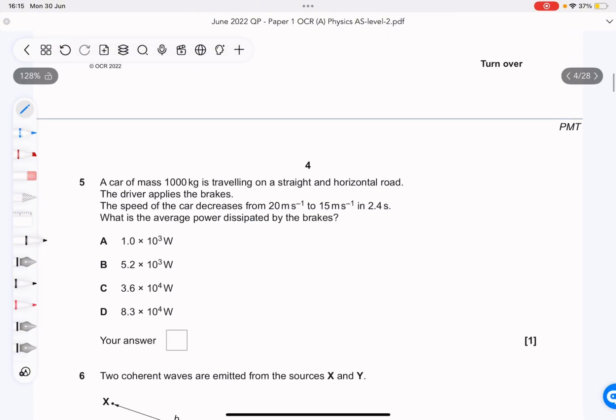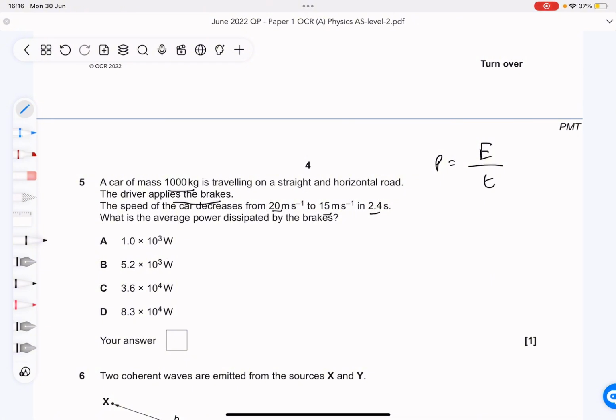Right, question 5. A car of a mass of 1,000 kilograms is travelling on a straight horizontal road. The car driver applies the brakes. The speed of the car decreases from 20 to 15 in 2.4 seconds. What is the average power dissipated by the brakes? Right, we know that power equals energy transferred over time.